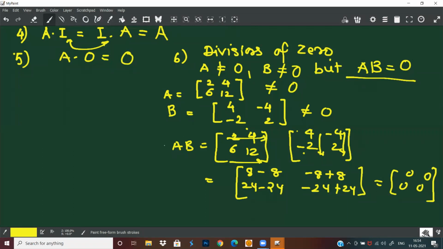Shriya, I have not taught you this, beta. I'm going to teach you multiplication in about 5 to 10 minutes. Do you want me to show it? I will do it. Okay, see.